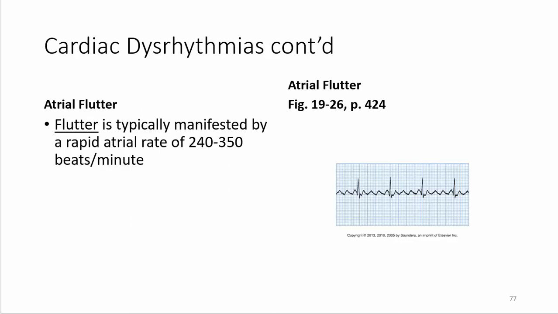In this whole preload portion of it, it's going to decrease stroke volume and decrease cardiac output, which will probably be allostatically compensated for by an increased heart rate, and which may actually exacerbate the problem. So this is definitely a pathology. It's something that shouldn't be going on and needs to be addressed.